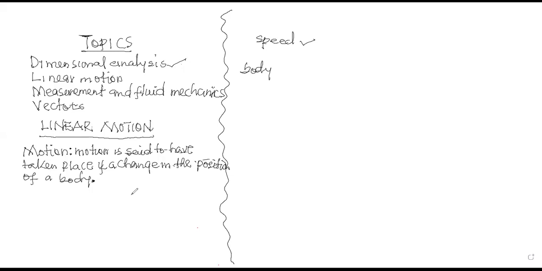You cannot claim to be moving if you are standing at one place. If you claim to be moving, then we expect that your position changes. So that is motion. Motion is said to have taken place if there is a change in the position of a body.